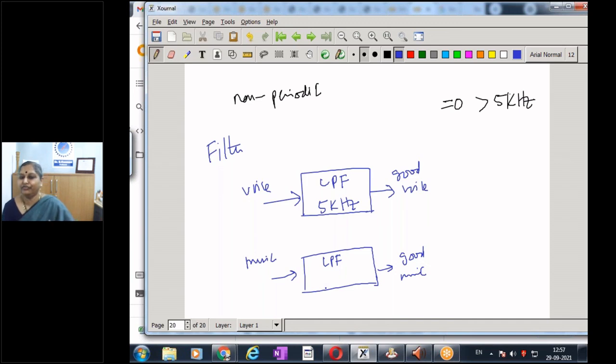Any idea, when I have a good music system or a good music playing, what are the frequencies that are contained in the music? If I take a 1 minute music, and then do the Fourier transform of that, what do you think I will get? What frequencies is a good music going to have? Any guess?